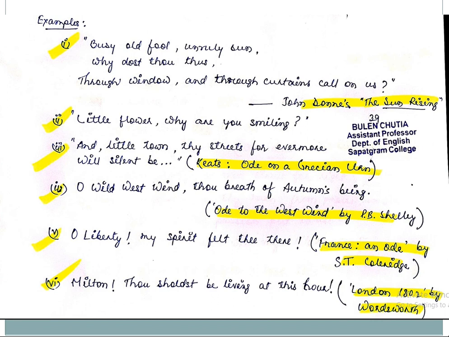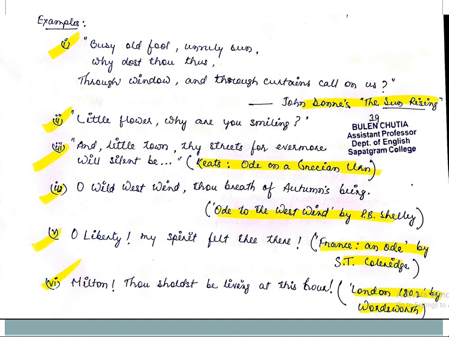This is a line from Ode on a Grecian Urn by John Keats. Here, the speaker addresses the little town. The little town is an inanimate object, which cannot respond to the address of the speaker.